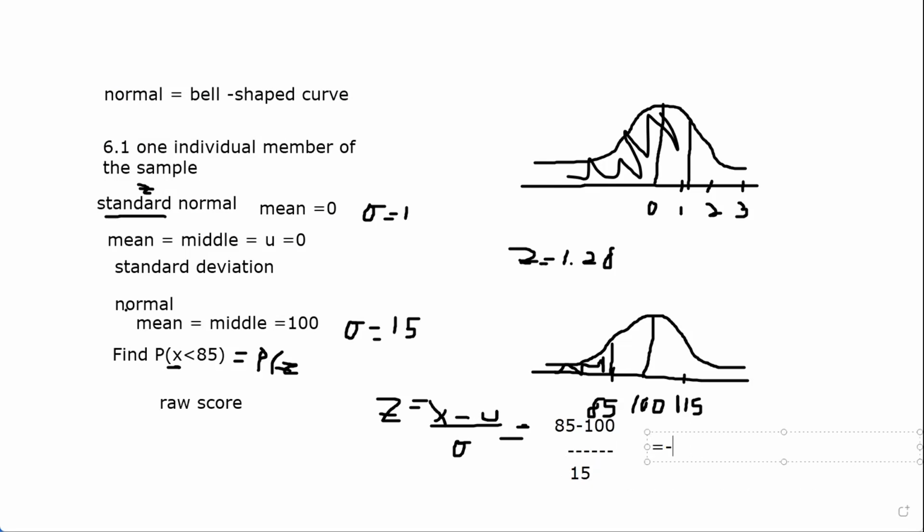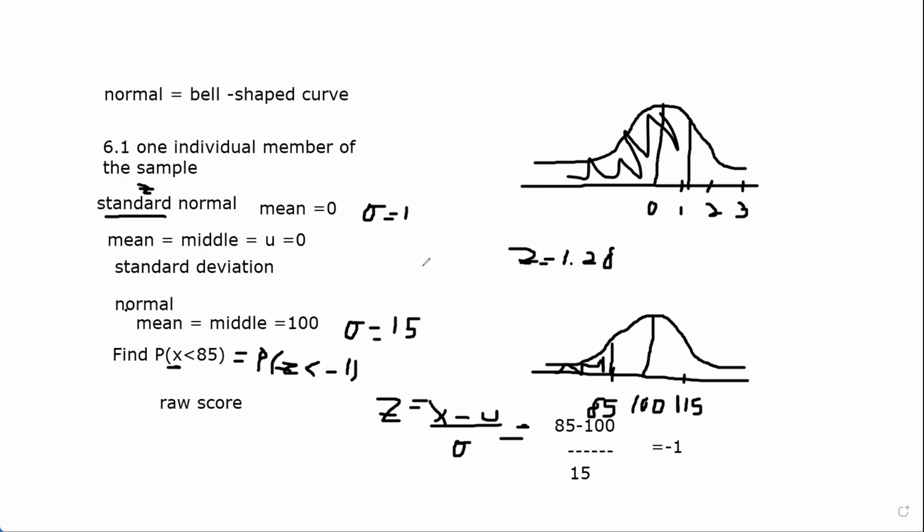Now, this is the probability of Z less than -1, right? Which we could get. Now that is a standard score, okay? You see that? Once you convert it and you get the Z-score, then it becomes a standard normal curve. That's right. That's how they're related.